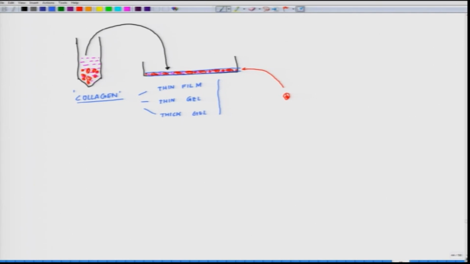Now you wanted to make a gel out of it. Very simple. If you want to make a gel out of it, what you do is this. Thin gel, you are making a thin gel.